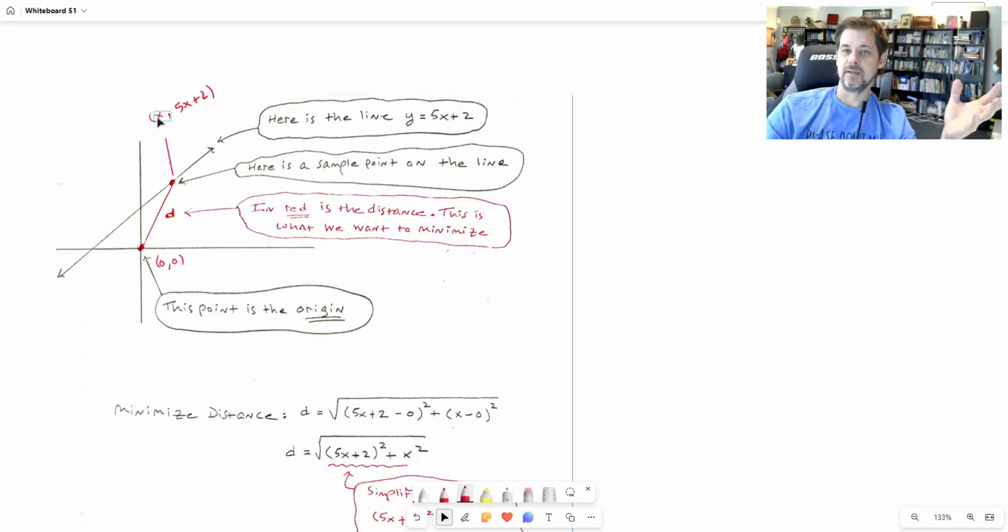But you take this x coordinate minus that one, x minus 0 squared, plus this y coordinate minus that one. That'd be 5x plus 2 minus 0 squared. That's this. Okay? All right.